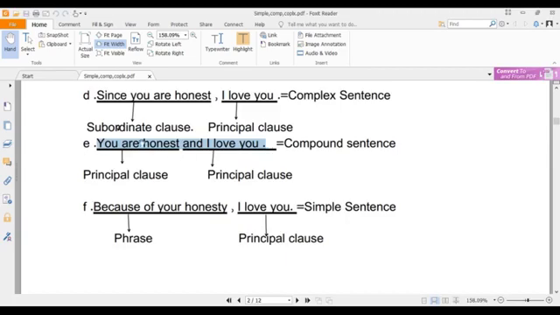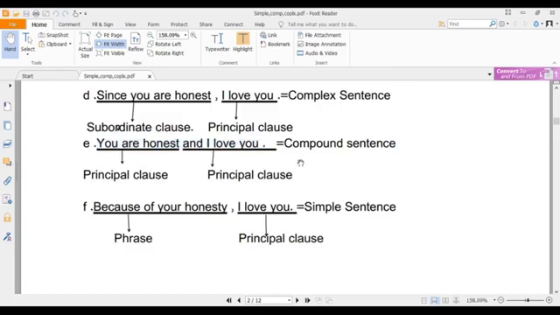You are honest and I love you. "You are honest" is a principal clause and "I love you" is also a principal clause. When a sentence contains more than one principal clause, it is called a compound sentence.